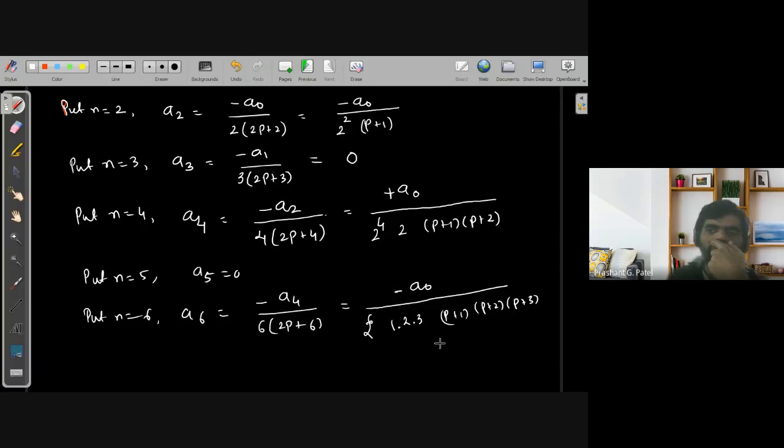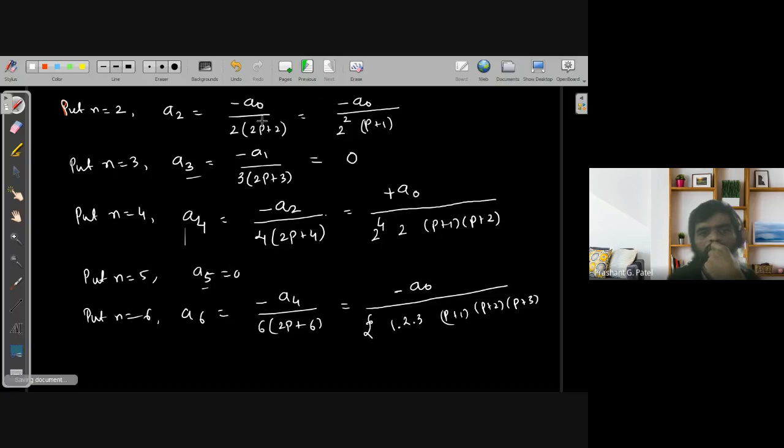So now we can see the things, or we can have a, and in general we can write down in terms of a0, which is even. For odd, all of them are 0.